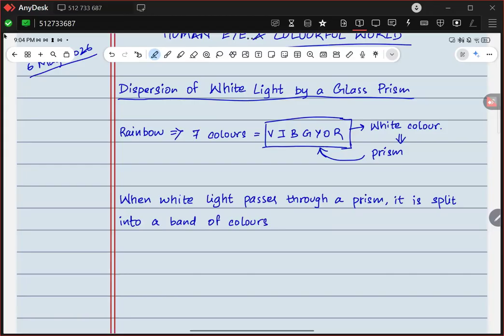What band? This band. Violet, indigo, blue, green, yellow, orange, and red. Okay? So this happens in the exact same sequence. It won't happen that you'll get red first and then violet in the end. It happens in the exact same sequence.